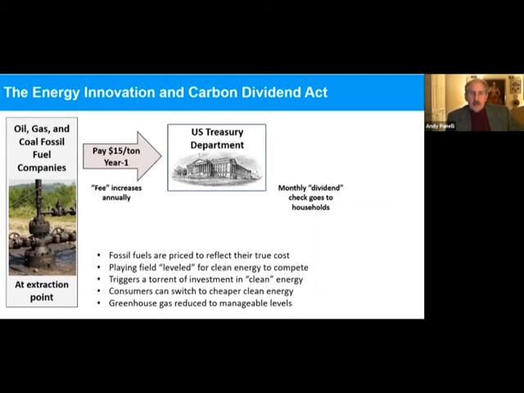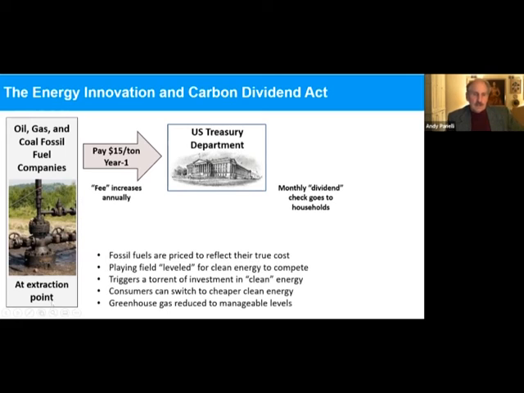One of the pieces of legislation that Citizens Climate Lobby is behind is called the Energy Innovation and Carbon Dividend Act. What that does is a fee is placed on the fossil fuel companies' carbon emissions.